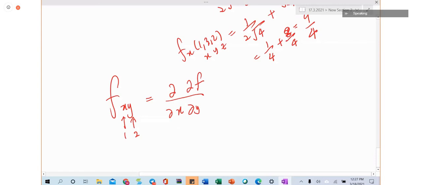We have to differentiate with respect to x first and then with respect to y. That's why I have to put x in the right hand side. Here is left, but here is right. Here is right, but here is left.